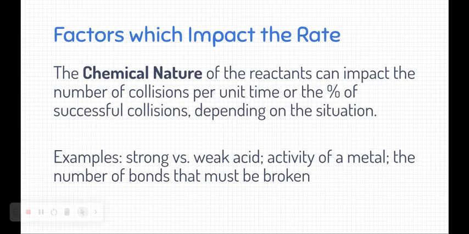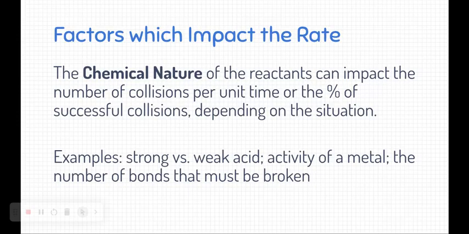That reaction would be impacted by the activity level of that metal. So metals that are high on the activity series, such as lithium, sodium, potassium, would cause the reaction to proceed more quickly than metals which are low on the activity series, such as gold, silver, and platinum. Another example would be changing the chemical so that fewer bonds must be broken for the reaction to proceed.